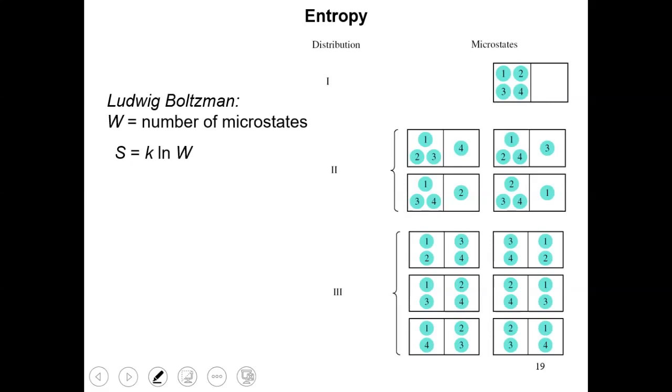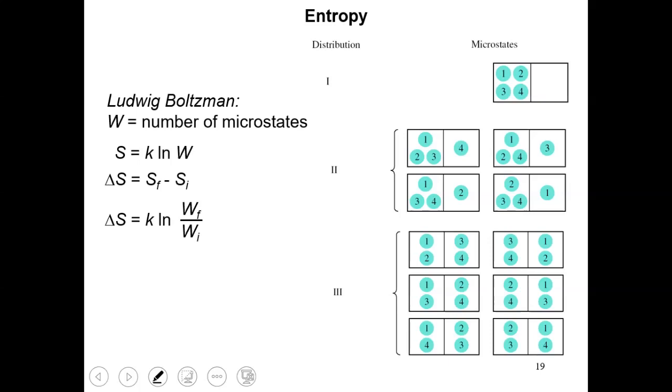So if we have a change in the system, delta S, that would be the final minus the initial entropy of the system. If we apply that definition to this delta S, we find that it's basically k times the natural logarithm of the ratio of the final number of microstates to the initial number of microstates.